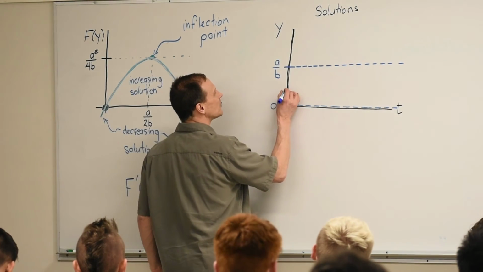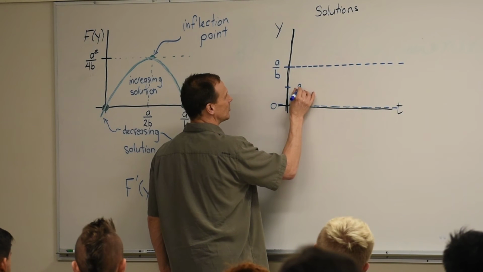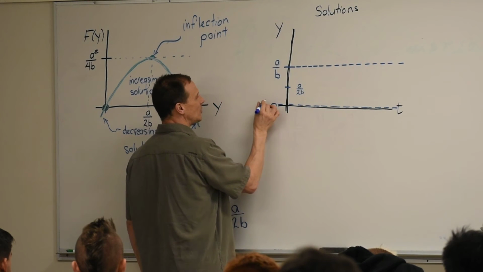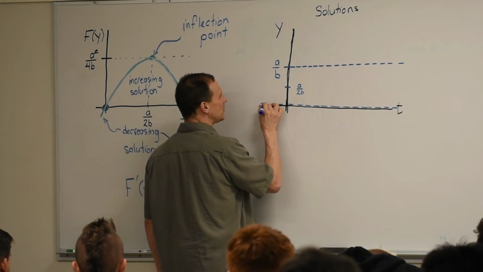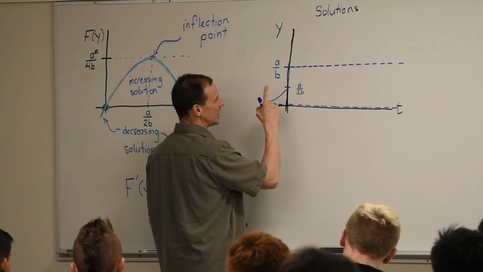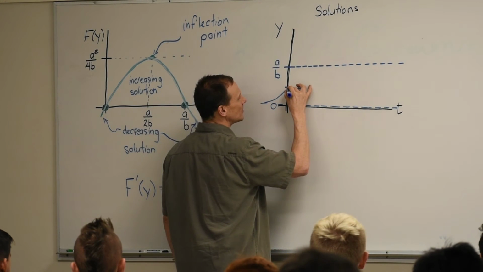So when I'm at this value here, a over 2b, I have a solution that's coming up to a over 2b. It's concave up. When it hits a height of a over 2b, it becomes concave down. But it's still increasing.